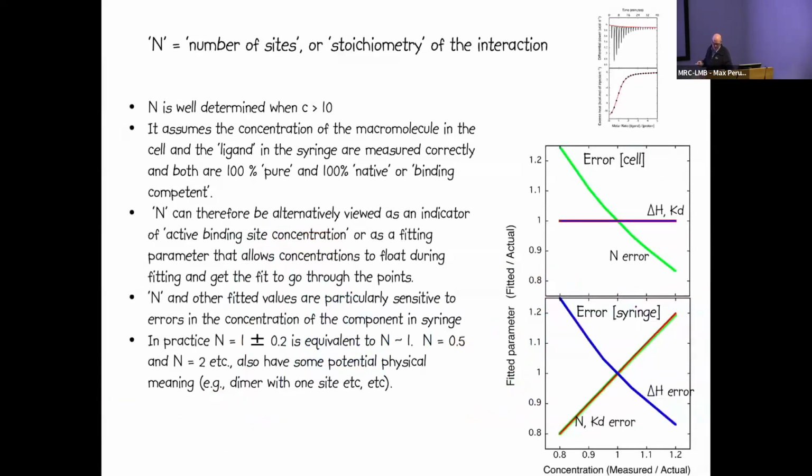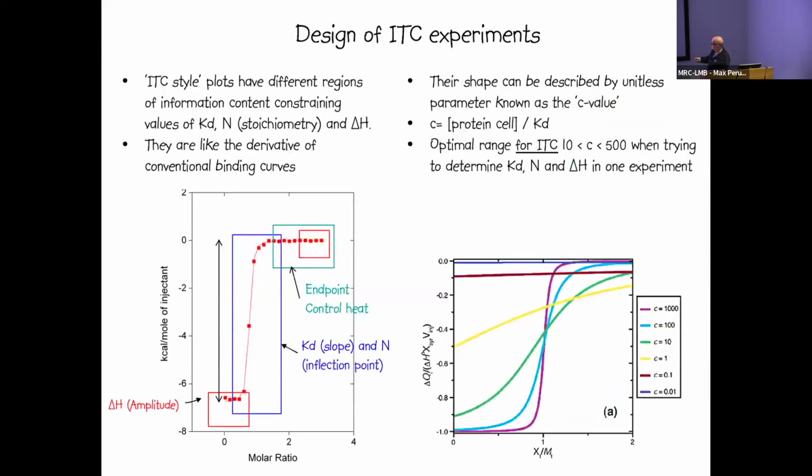So the stoichiometry of the interaction, that's the number of molecules of what you're titrating in binding to the target in the cell, is well determined when we have a C value of 10. So we're trying to look at where this inflection point is. You see the green data is a C value of 10.